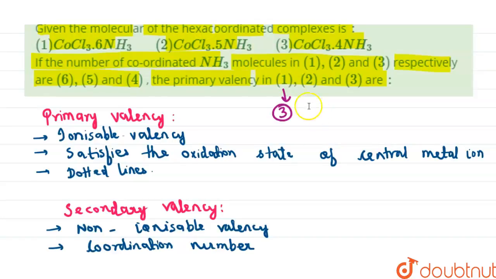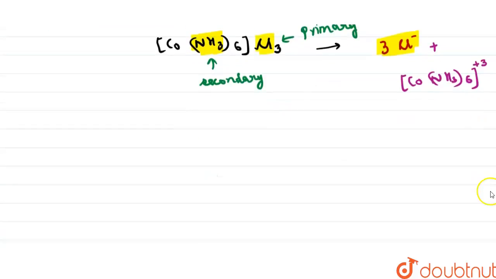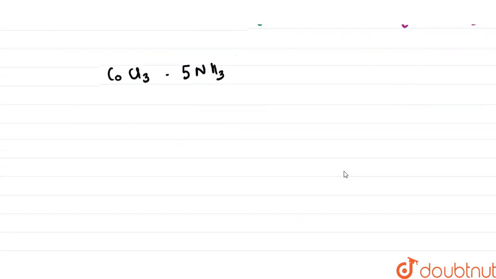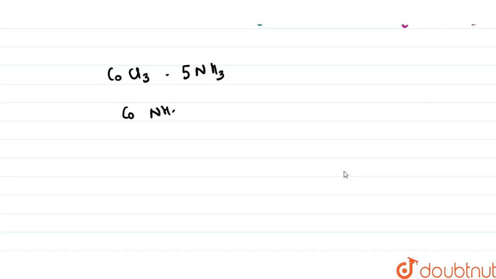If we consider the second molecule, CoCl3 dot 5NH3, here we are given that the coordination number for NH3 is 5. So the compound will look like this: [Co(NH3)5Cl]. Why do we have to include Cl?